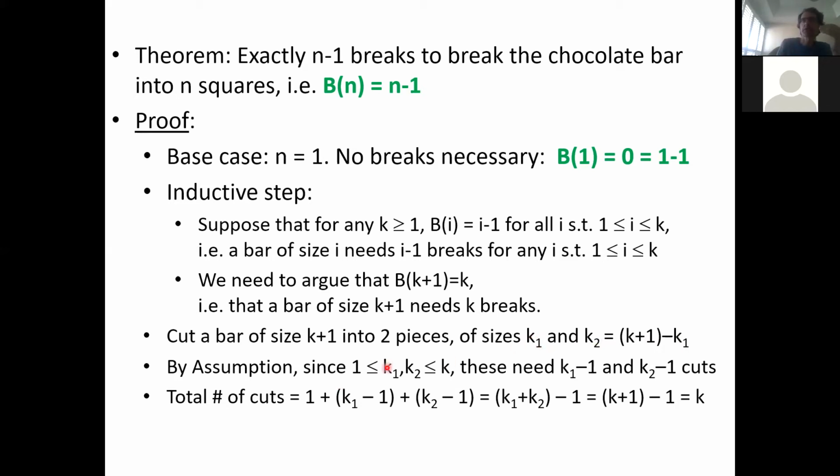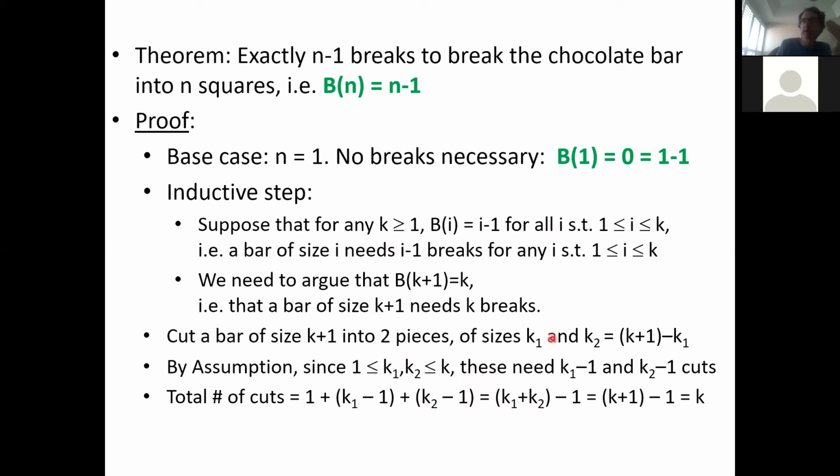So therefore, k1 and k2 must both be at least 1. But if both of them are at least 1, then they are also at most k, right? Because neither of these guys could be k plus 1, because then the other guy would have to be 0. They sum to k plus 1. So they are in this range. Therefore, you can apply this hypothesis to both of them, both to k1 and k2.